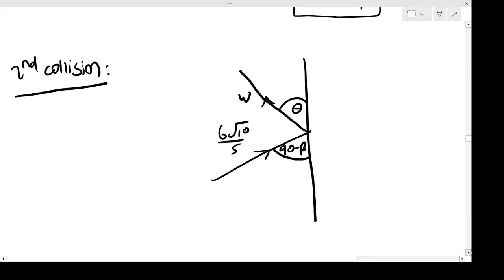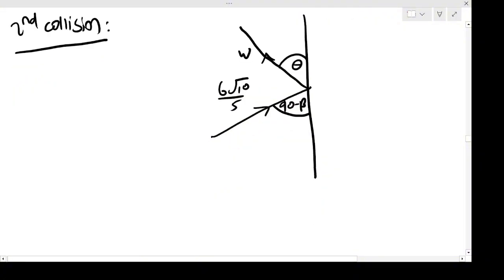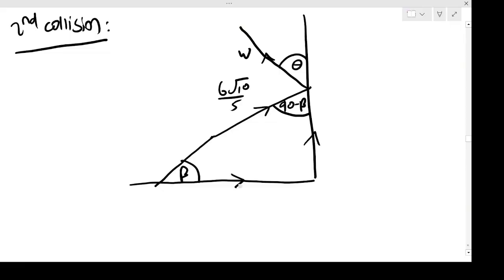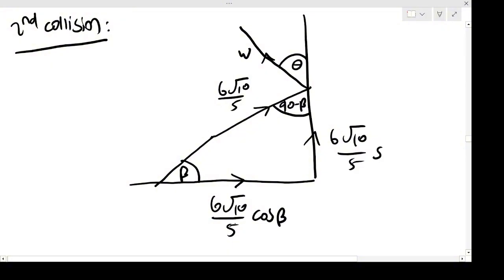Well, actually, if I now was to split it in terms of components, so again, originally, if I draw my other wall here, remember that this is beta. So I'm going to go across and up like that. And actually, I want to write the components here in terms of beta, not 90 minus beta, because it makes my life easier. So this bit's going to be 6√10 over 5 cos beta, and then 6√10 over 5 sine beta.